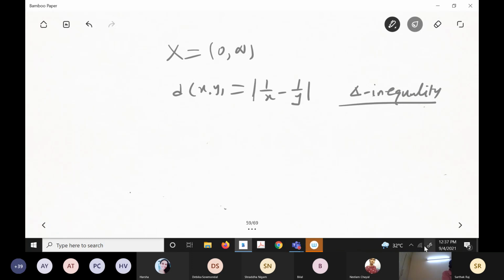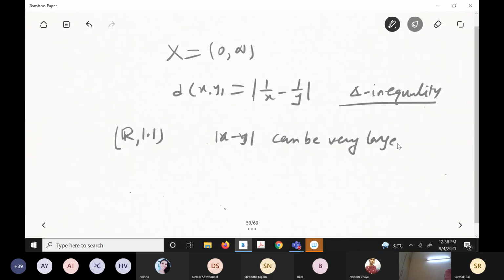Next thing I'm saying: look, on R you have this metric. That means here the distance between two points can be very large. In particular, if you look at this collection, now that we have done supremum and infimum, where x, y belong to R, what will be its supremum?